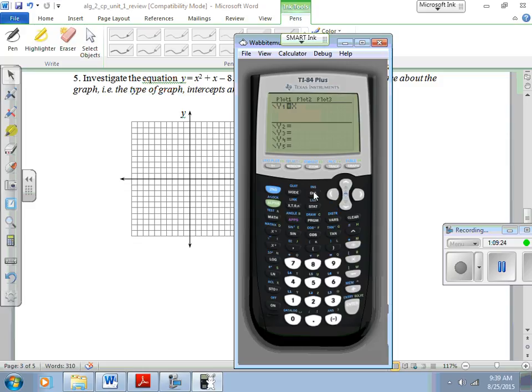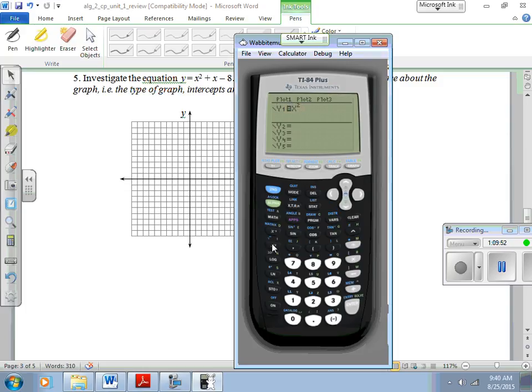Where's my square button? Oh wait, I don't even need to hit the second button. I just hit, oops, that's wrong. X. There it is. Sorry about that.